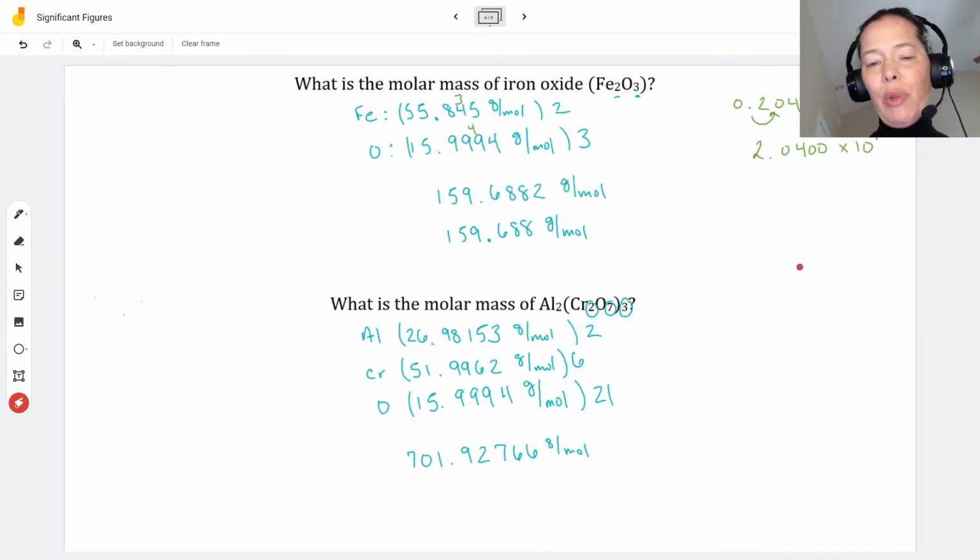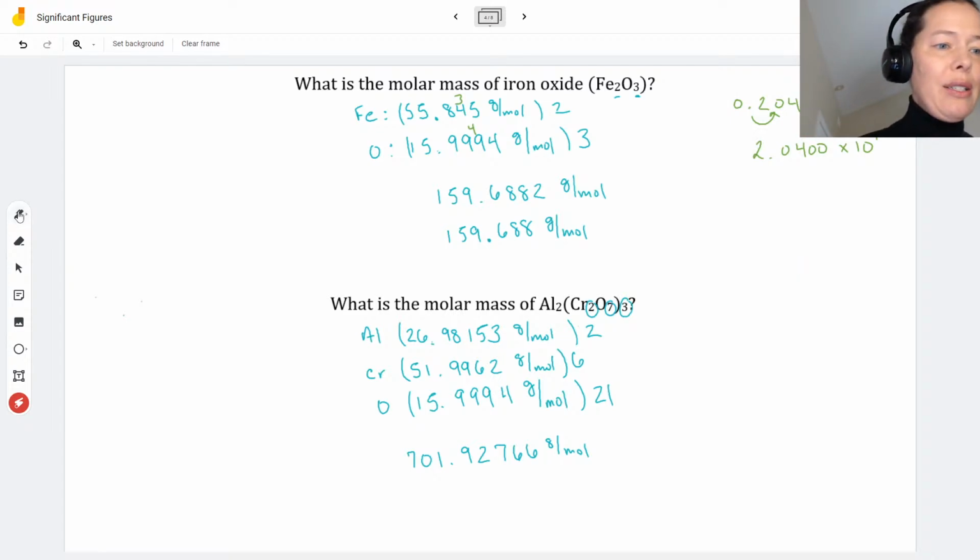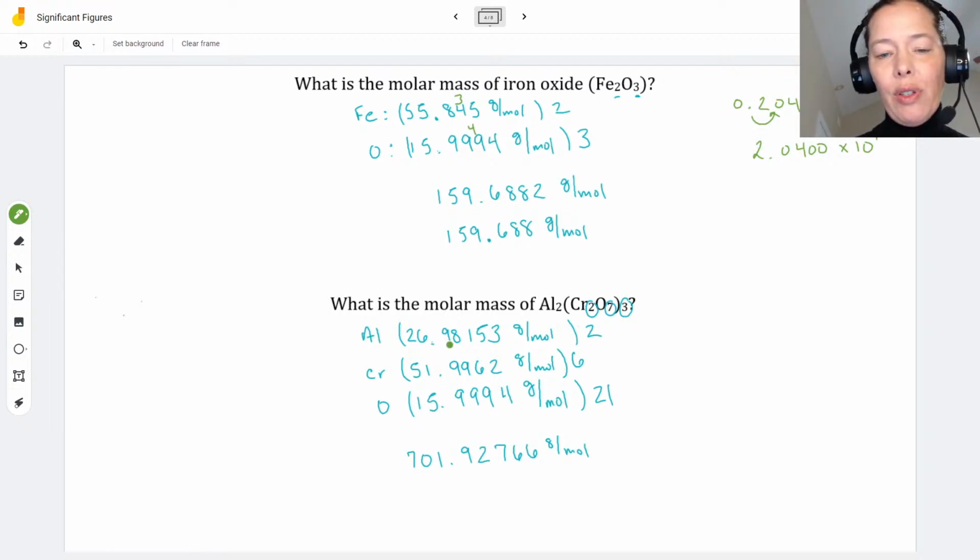Again, these multipliers here are exact, just like these guys are exact, so they have an infinite number of sig figs. So I'm just focused on the decimal places from my molar masses. I have for aluminum 1, 2, 3, 4, 5 decimal places, and then 4 in chromium, and again 4 in oxygen. So my answer needs to have 4 decimal places, and right now I have 5, so I just need to round just a little bit. 701.2772.